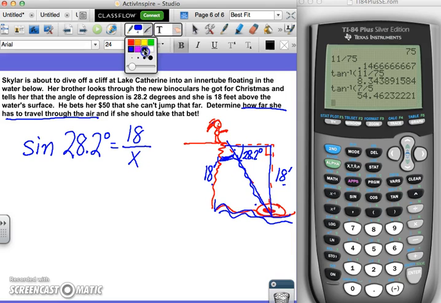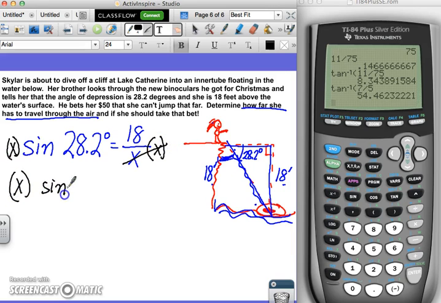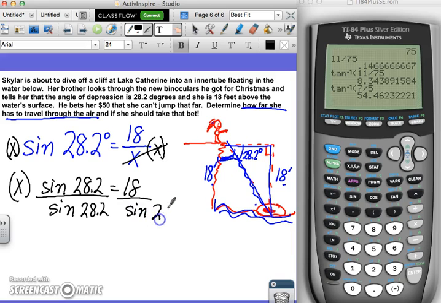So here we go. We've got a fraction with a variable in it, so we're going to multiply both sides by the denominator, x. So we now have x times sine 28.2 equals 18. Still don't have the x by itself, so divide both sides by sine of 28.2. Since we were multiplying by sine of 28.2, we divide to do the opposite.